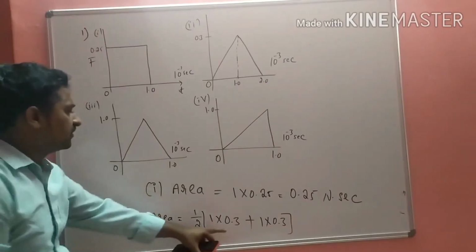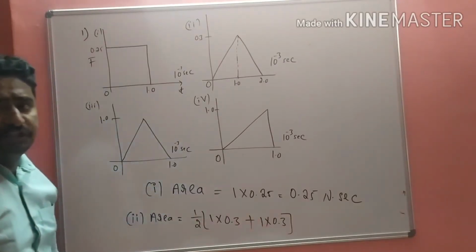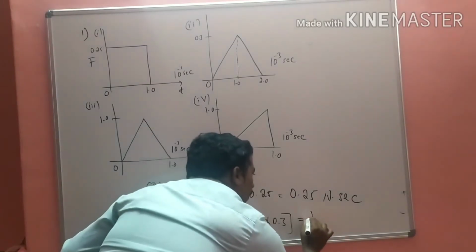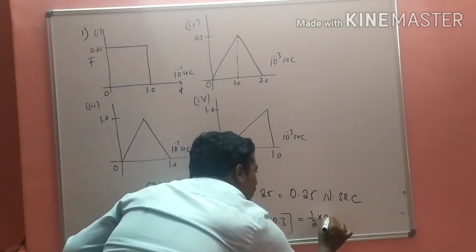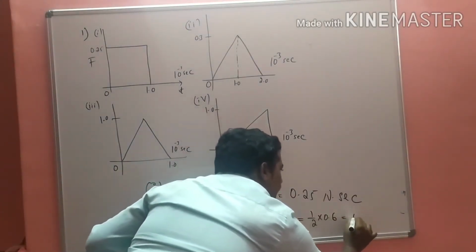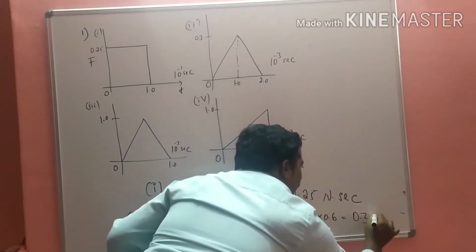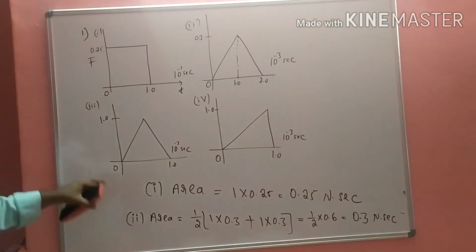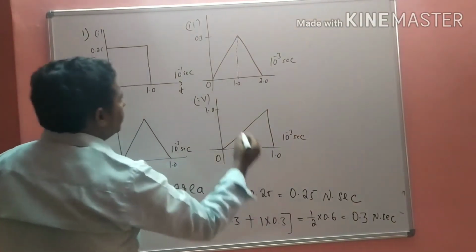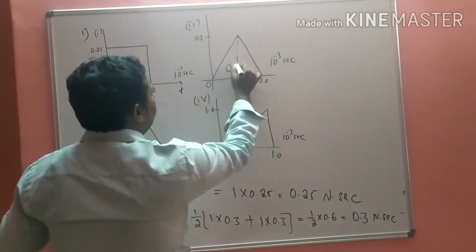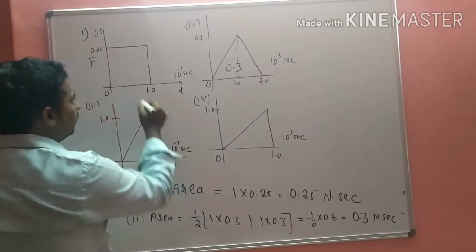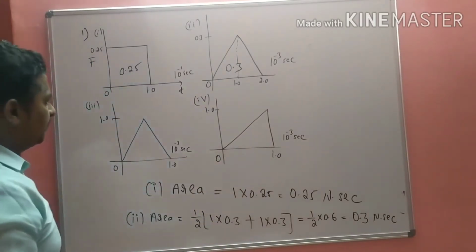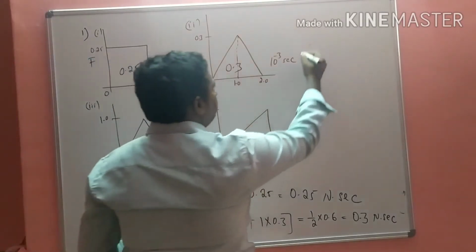The total is 0.3 plus 0.3, which is 0.6. Half into 0.6 gives the final answer 0.3 newton second. So the area of the second one is 0.3, and the first one is 0.25.